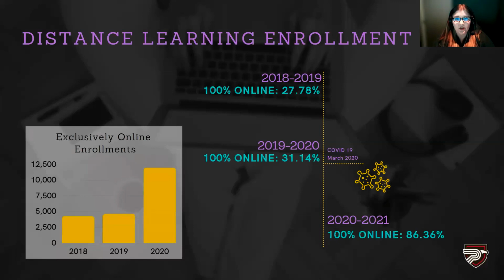Some of our distance learning enrollment data prior to COVID, we sustained about 30% online, 100%. But of course, March happened in 2020 and everybody went fully online. The year after that, we hovered around 86%, depending on the given term. That was our average.